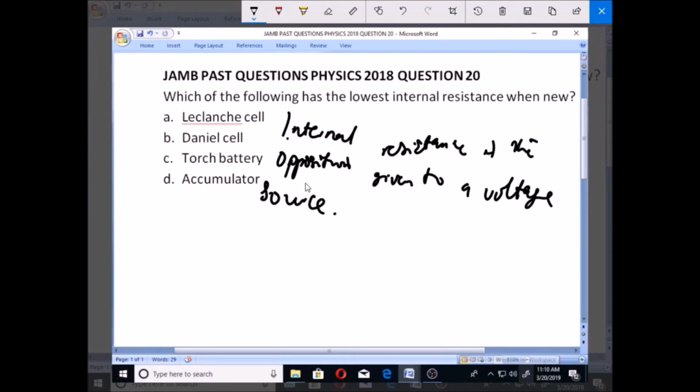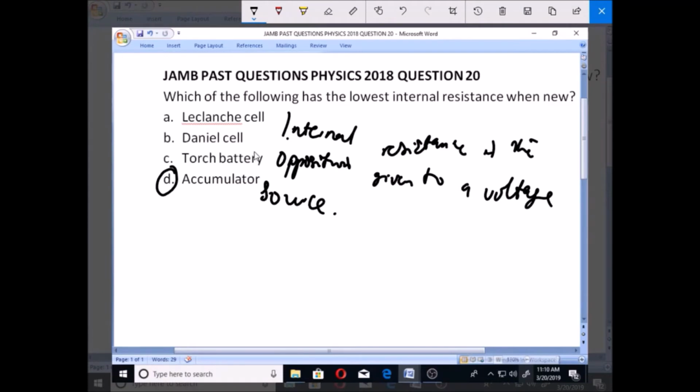Now, in order for you to be able to pick out the internal resistance, you're going to ask yourself, which of these cells or batteries or charge sources produce the highest charge? You find out that that is likely to be the one that has the least internal resistance. And from there, you know that the accumulator is the charge source that produces very high voltage for a very long time.